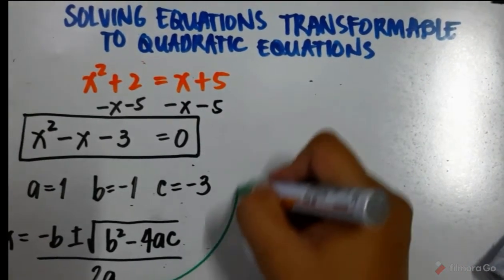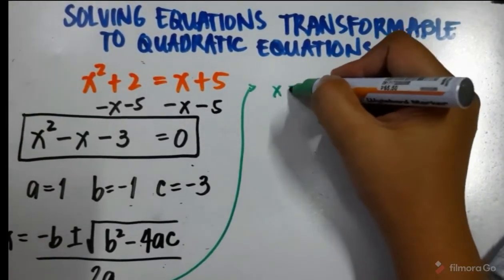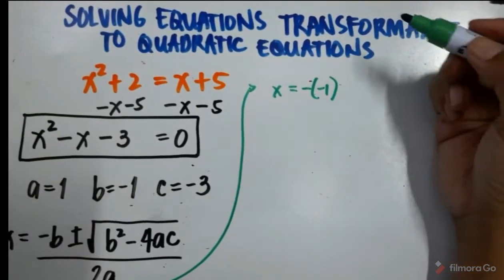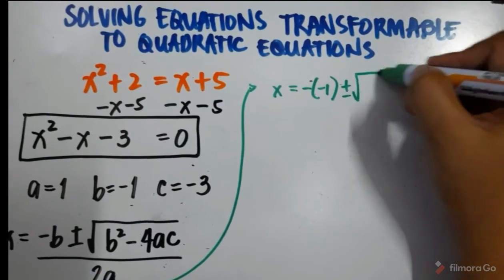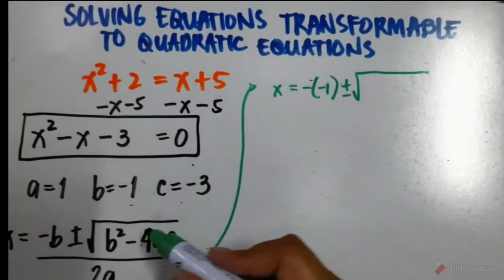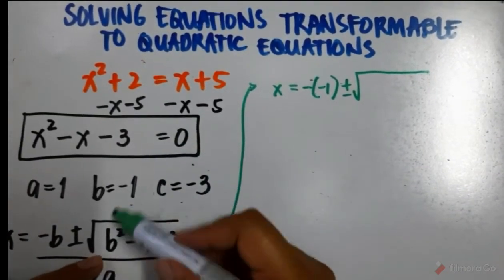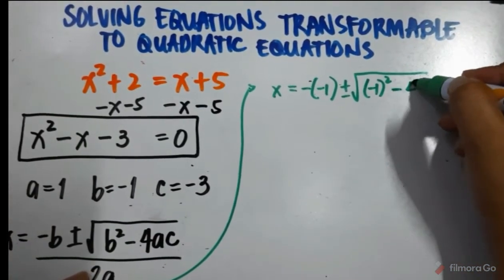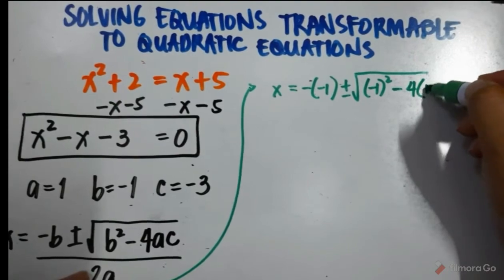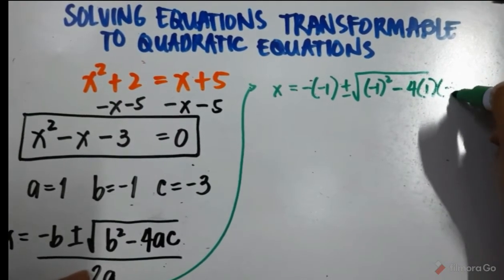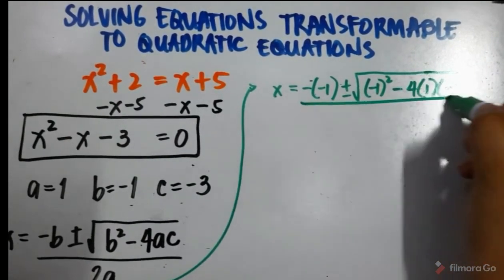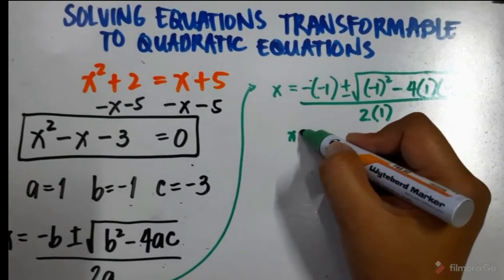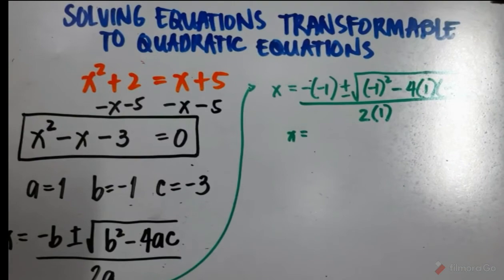Now, x is equal to negative negative 1 plus and minus the square root of negative 1 squared minus 4 times the value of a, 1, and the value of c, negative 3, over 2 times 1. So we have to simplify.